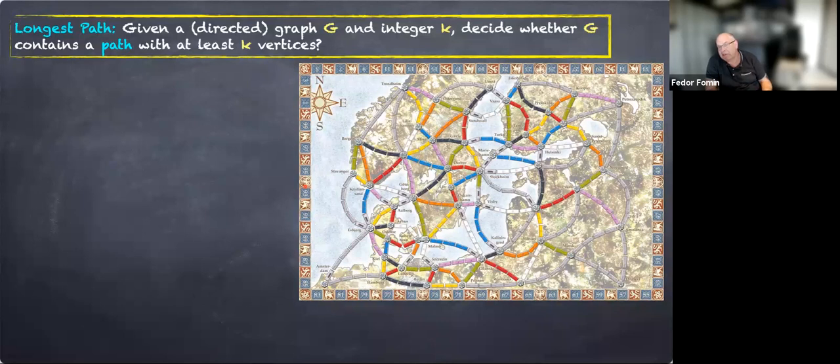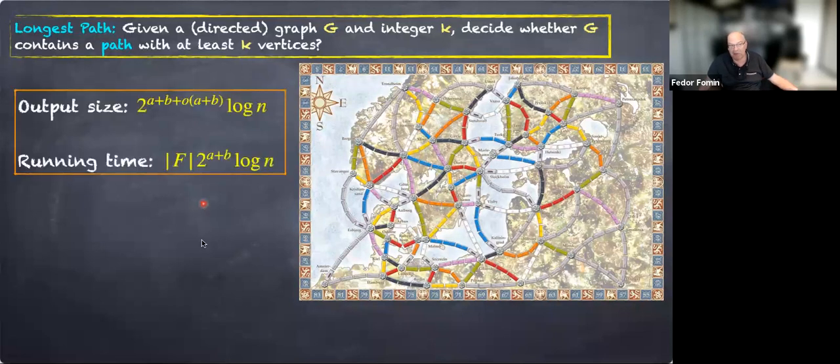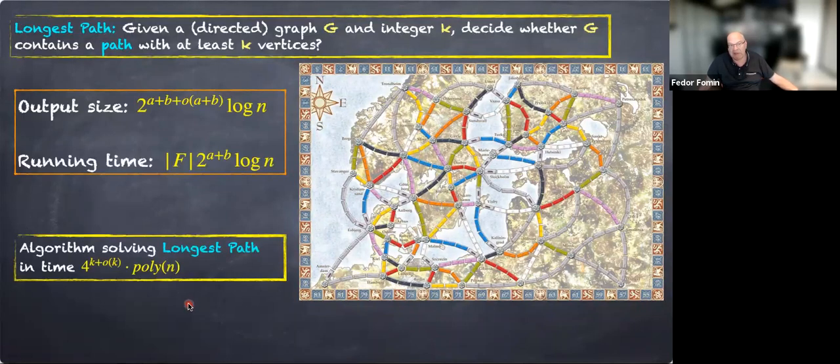So this is a famous generalization of the Hamiltonian path problem, which is a special case of this problem for k equal to the number of vertices of the graph. Once again, I want to use this algorithm for representative sets to compute the longest path in time 4 power k, roughly, times polynomial of n.